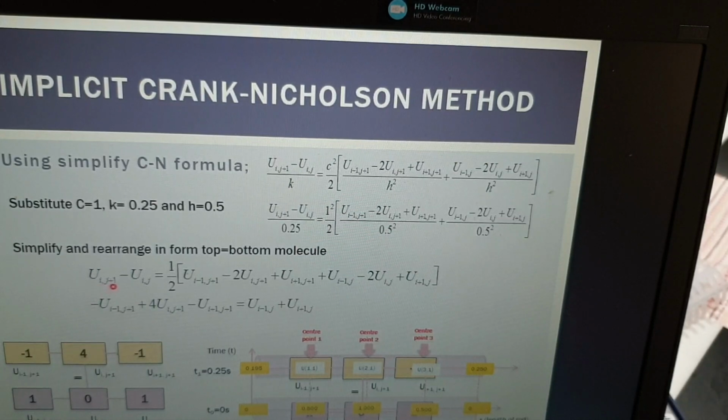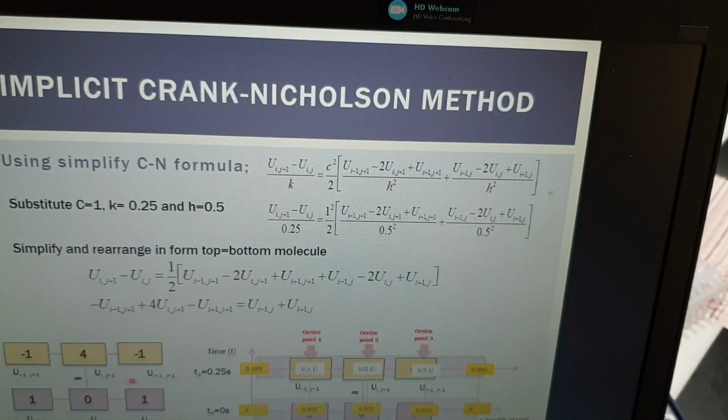It's actually about the coordinates i and j. For the top coordinate, the value of j must be in the form of j plus 1 coordinate, and the bottom position is at j. So I have to rearrange and simplify the equation, and rearrange the values according to the coordinates.